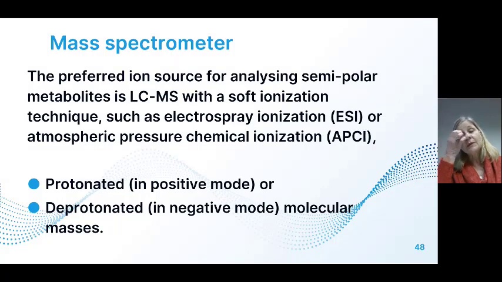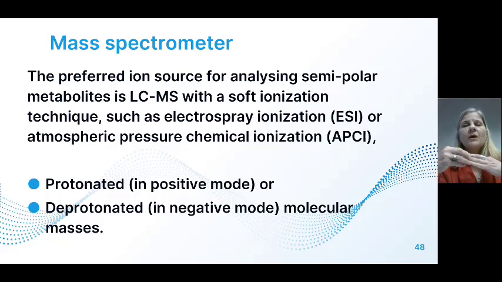Now, when we look at mass spectrometry, we can't use that very high electron ionization that we use for GC because of our solvents. So we're using a softer ionization technique, which would be either electrospray ionization or atmospheric pressure chemical ionization.